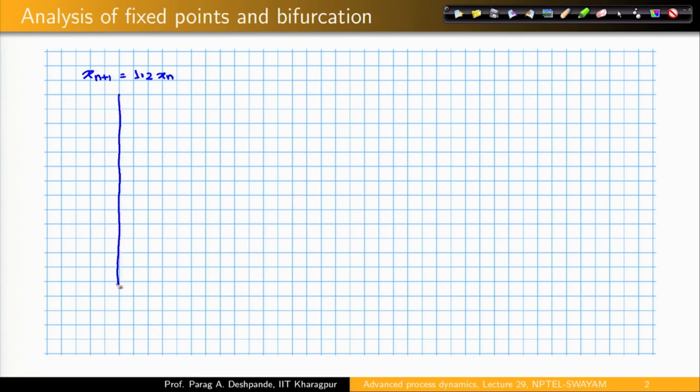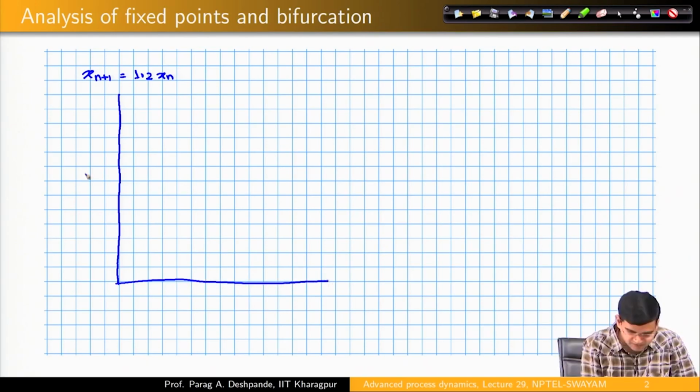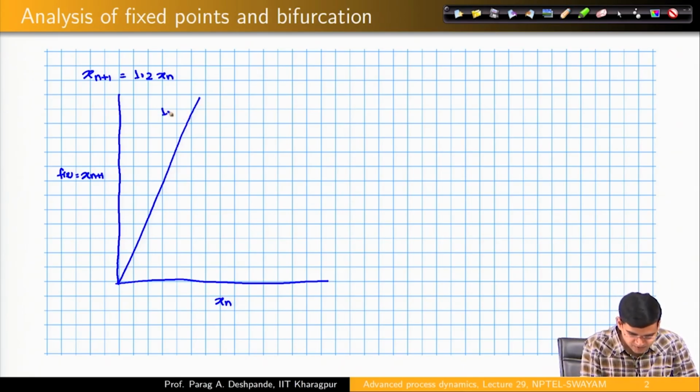graphically here. So, I have x n plus 1, so f of x is equal to x n plus 1, which is simply 1.2 x n, this is x n. So, I have this equation, this curve, this is the 1.2 x n curve. I will draw the x is equal to y line.